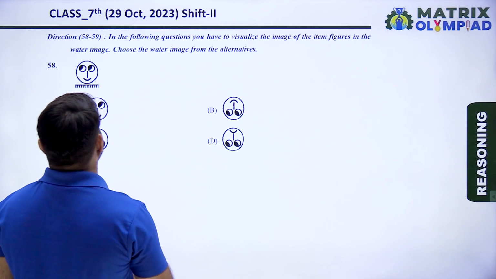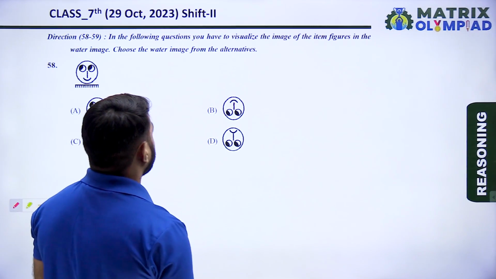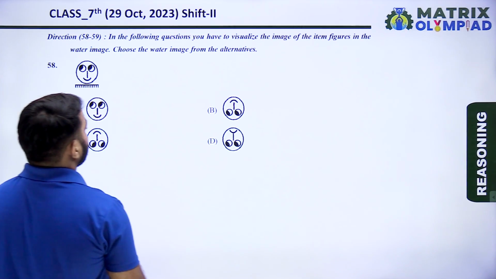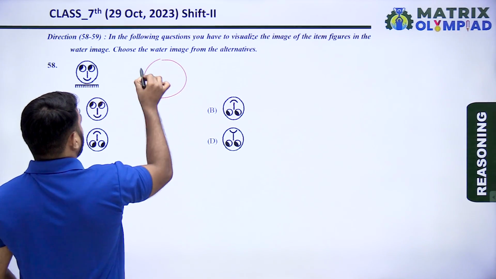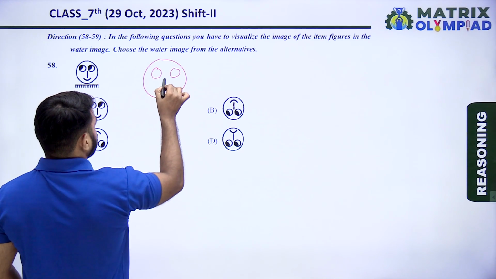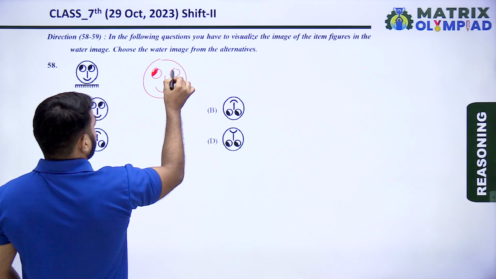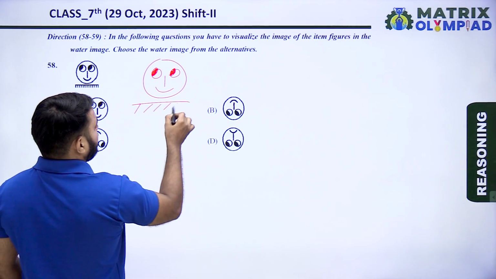So the next question is question number 58 and 59. In the following question, you have to visualize the image of the given figure in the water image. Choose the water image from the alternatives. So find the water image of the given figure.